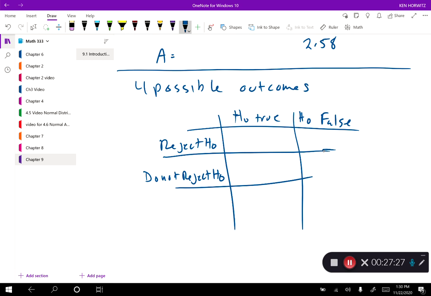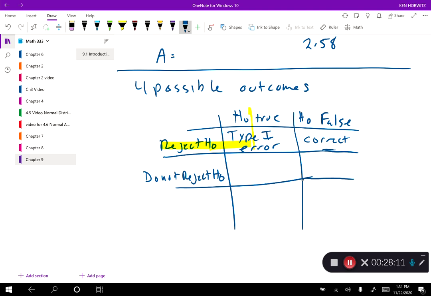All right. So here's the thing. Now this chart basically works like this. If I reject the null, but the null hypothesis is true, then I have an error, right? I've rejected the null hypothesis based on the evidence, but the null hypothesis is true. This is called a type 1 error. Now, if I reject the null, but the null hypothesis is false, then I made a correct decision.